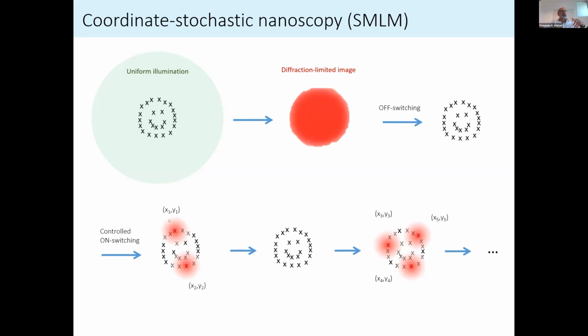Then we will obtain signals like schematically shown here, signals that are diffraction limited, but whose center is placed exactly on the molecular position. So we can determine the center of the signal and assign it to a fluorophore in our sample. And then we can switch them off and switch on other fluorophores, and again determine their positions, and so on and so forth.